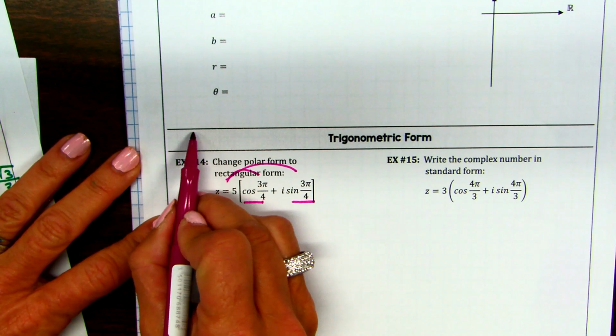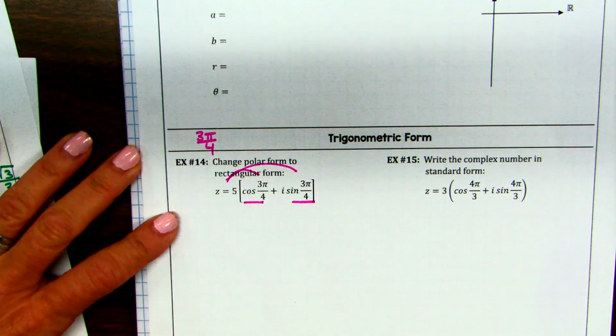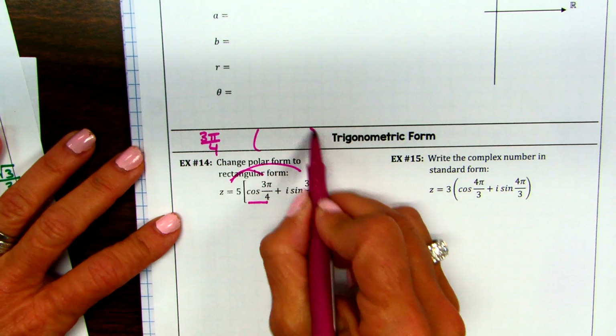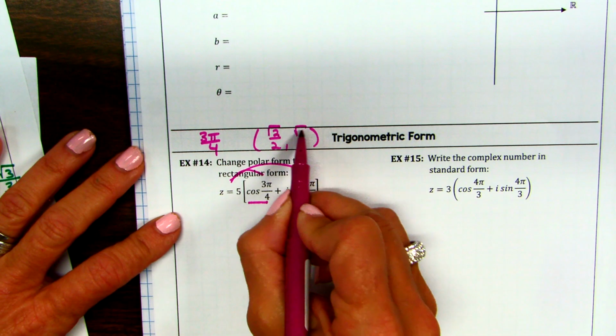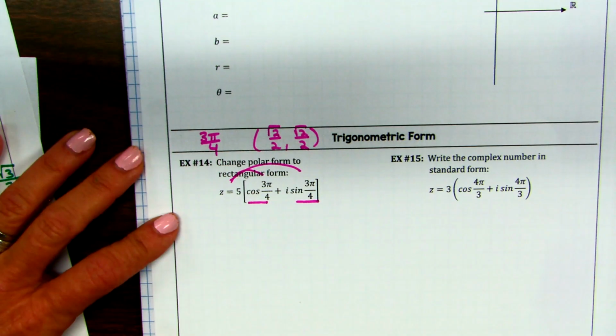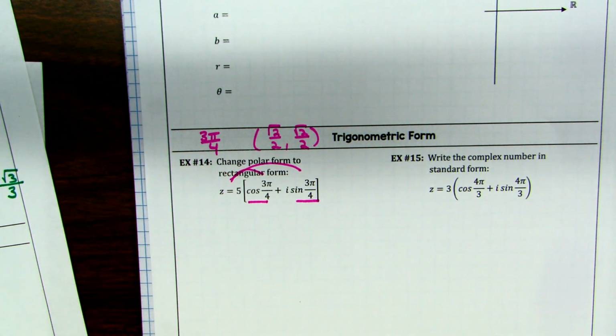So in other words, we need to know the ordered pair, the cosine and the sine, for this angle. And using your unit circle memorization, we know that the denominator is a 4. Denominators are 4. 3 pi over 4 is in quadrant what? Quickly. 2.